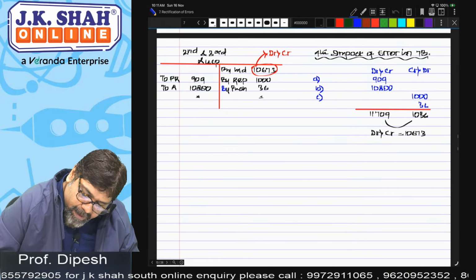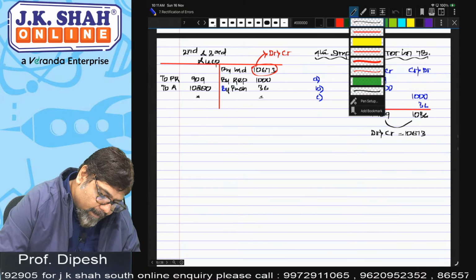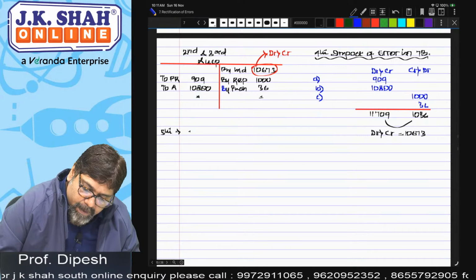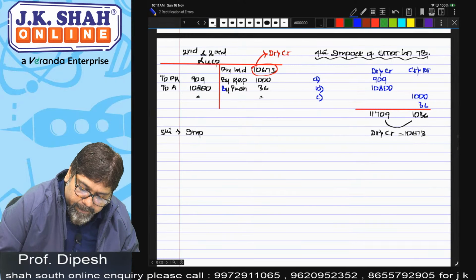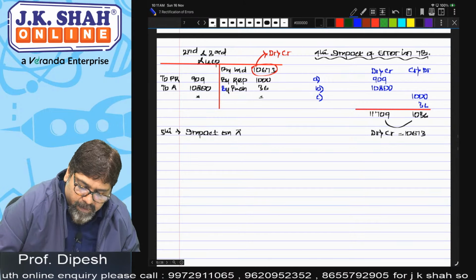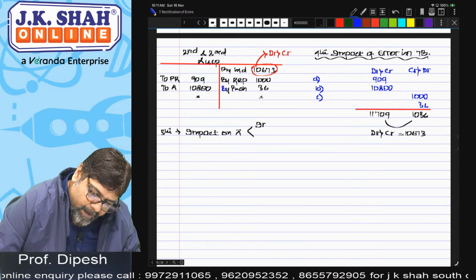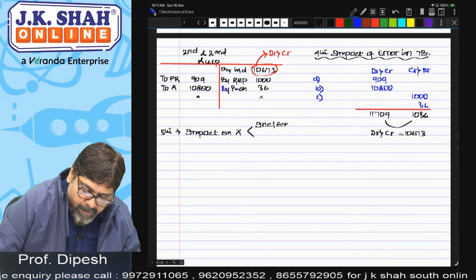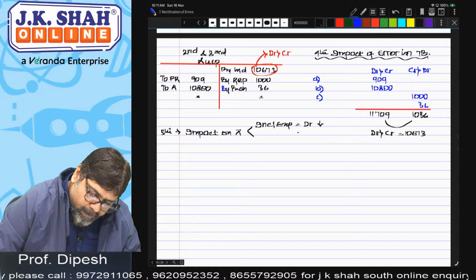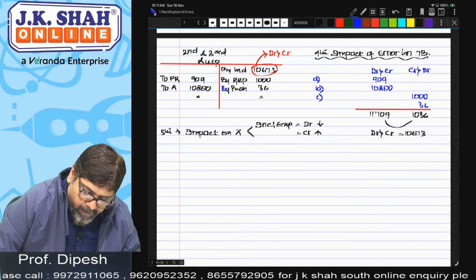Fifth question they can ask is impact on profit. If income or expense is debited, then profit will go down. If income or expense is credited, profit will go up.